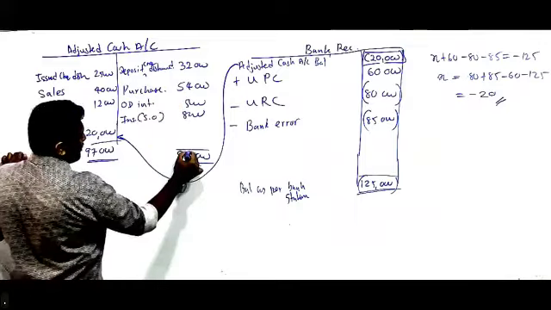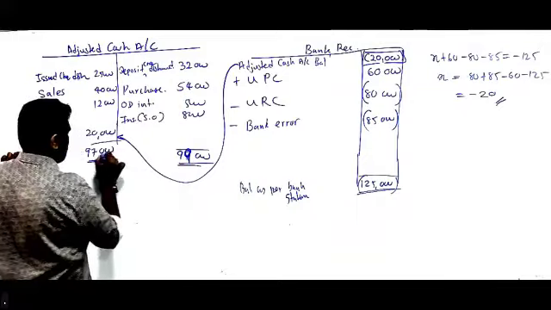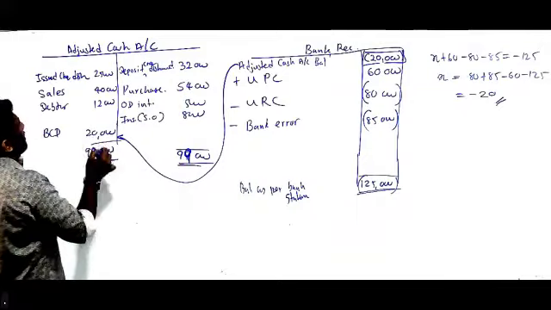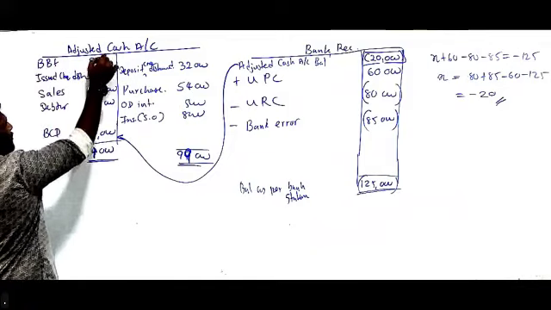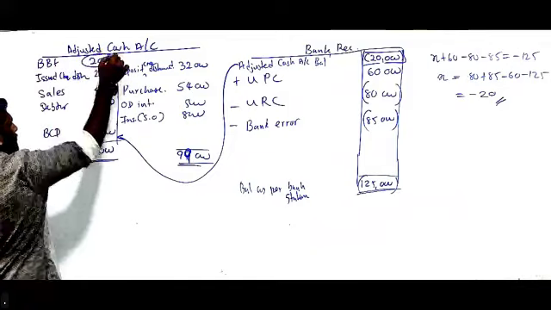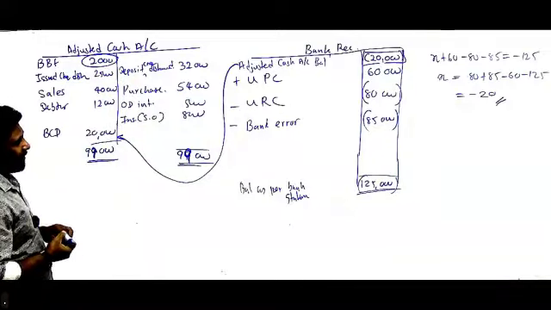This side is bigger, no? 99,000. Then here get the BBF, 2,000. It's a complete reverse calculation question.